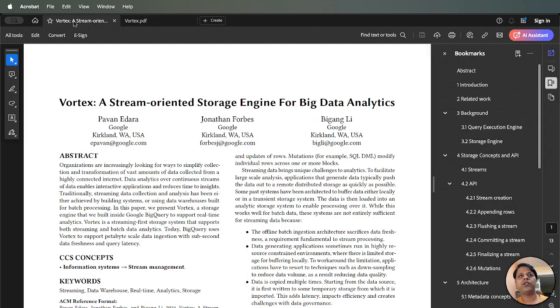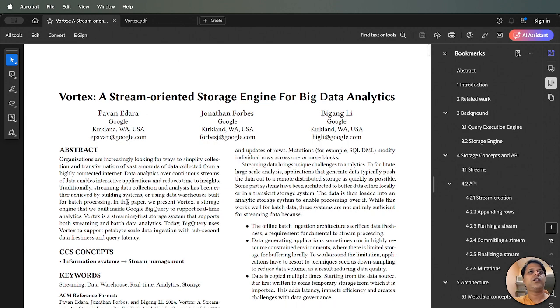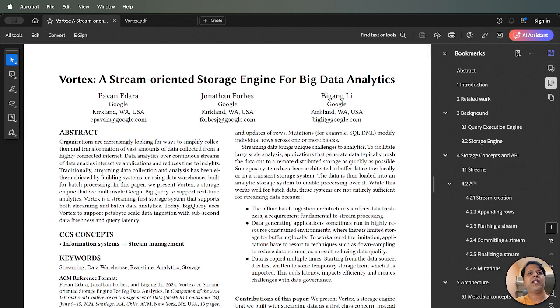So let's go to the paper itself. The first part is the abstract. Again, it talks about the use case, or the need for Vortex: data analytics over continuous streams.